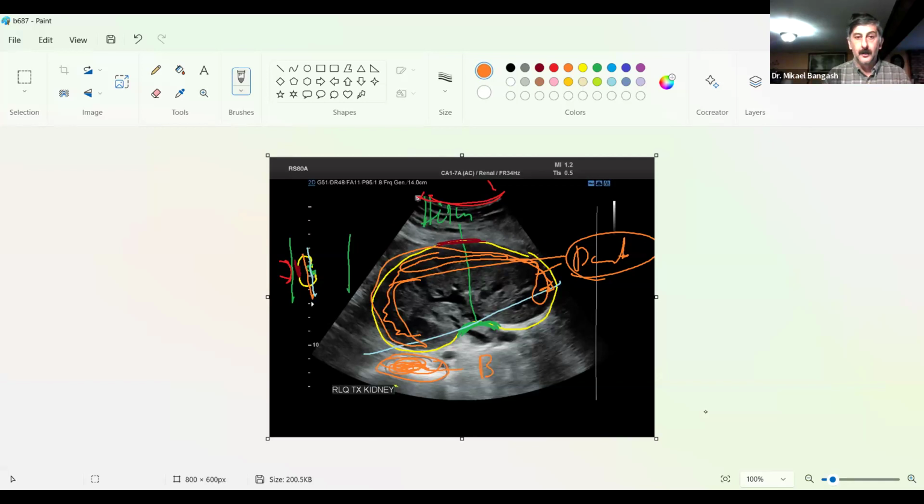Okay, so B mode stands for brightness, and is the basic for all ultrasound scanning. So B stands for brightness. It also stands for basic.